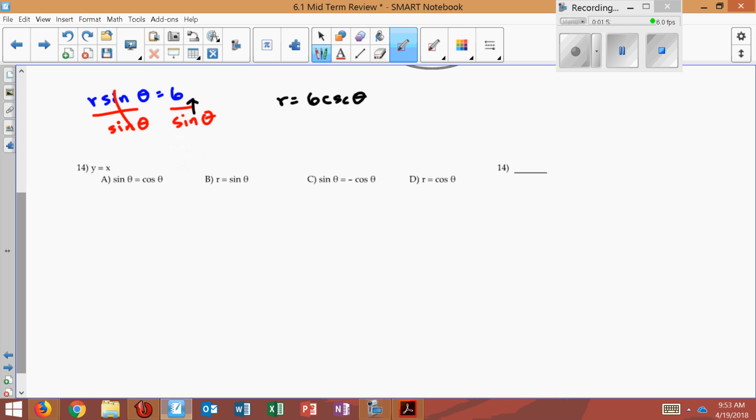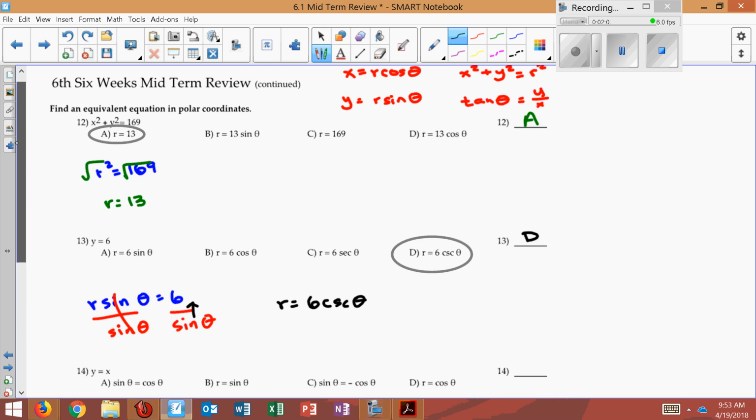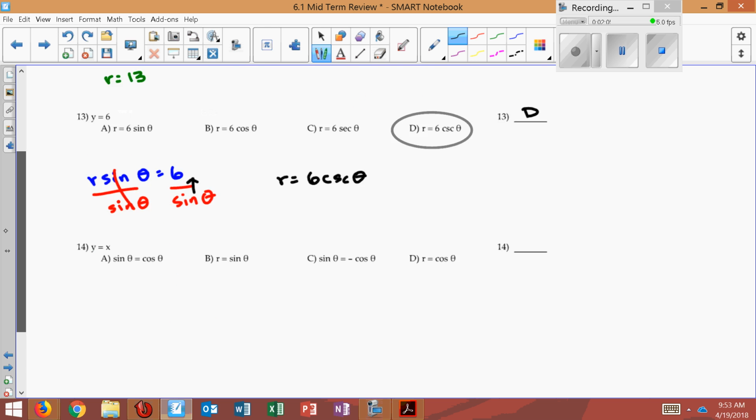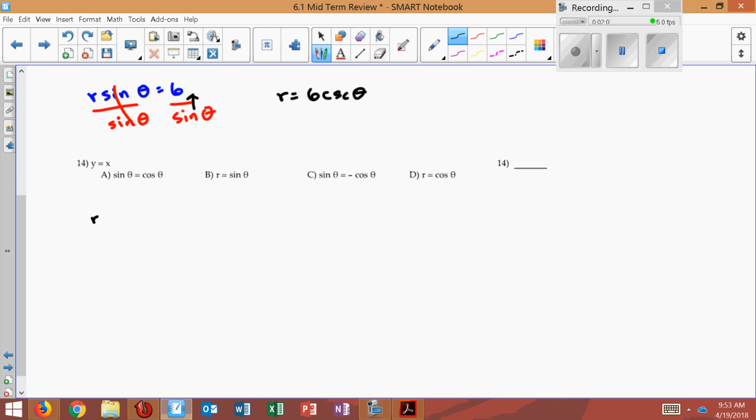And finally, y equals x. Well, there's a few things that we can do on this one. First, we can say y is the same thing as r sine. Again, I'm using these 4 formulas up here. Y is equal to r sine theta. X is r cos theta. And since I have an r on both sides, what I'm allowed to do is divide both sides by r.